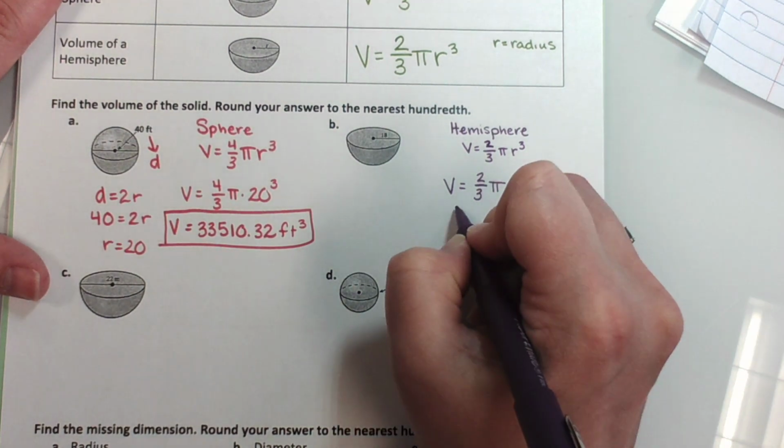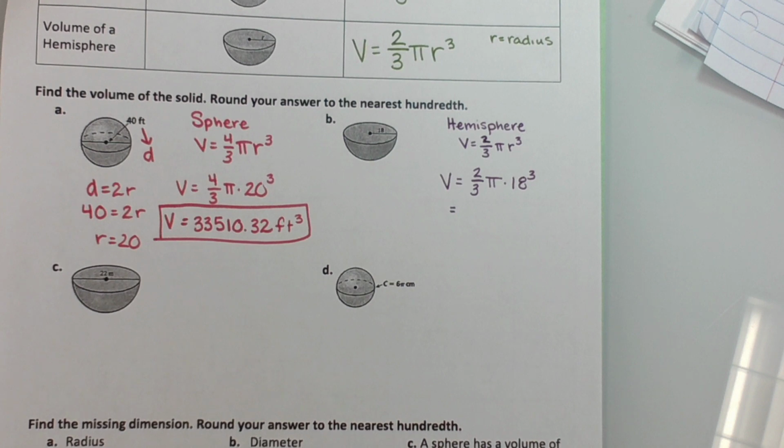You type 2/3 times 18 cubed. Do 2 divided by 3 in parentheses. Again, on these ones, without the parentheses, it'll actually work out fine, but be careful. It won't always work out fine.